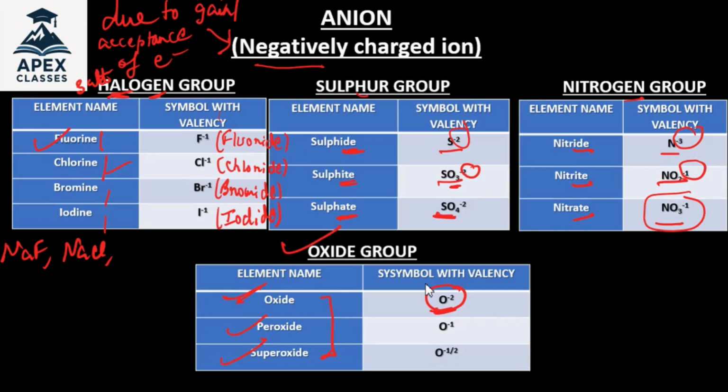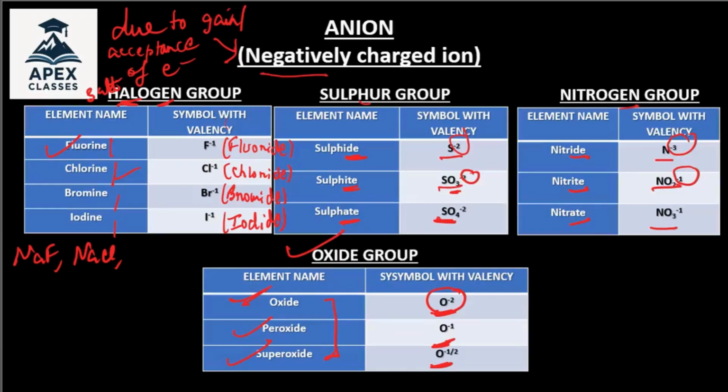Repeat with me, O²⁻. Peroxide is O⁻¹, and superoxide is O^(-1/2). Now let's move to other anions.